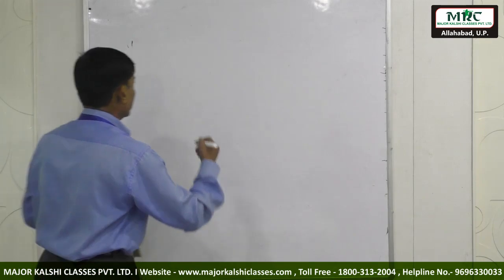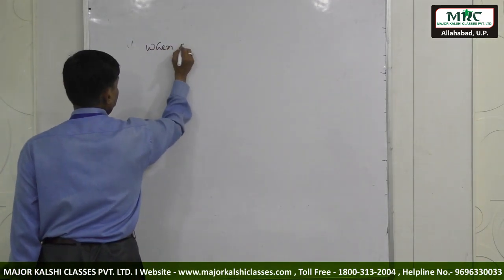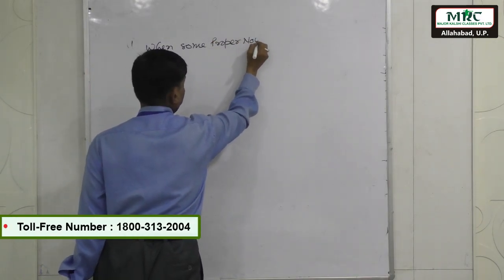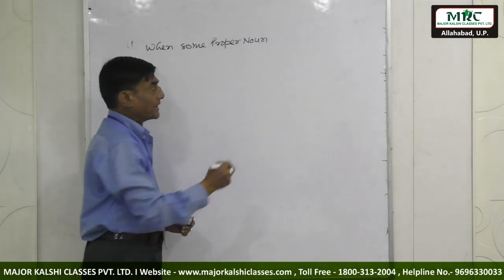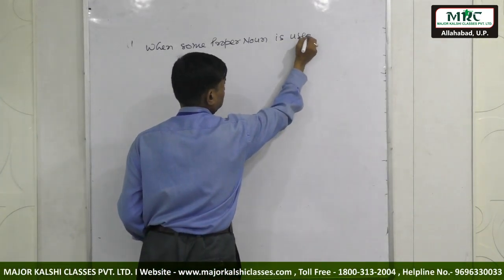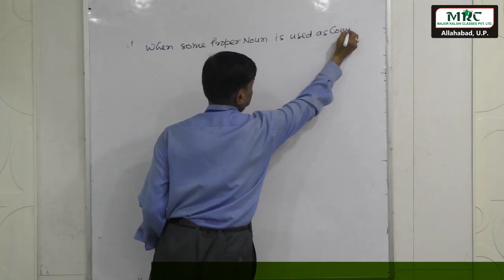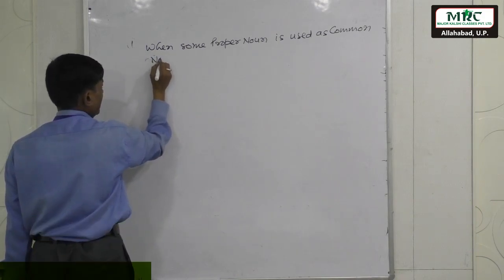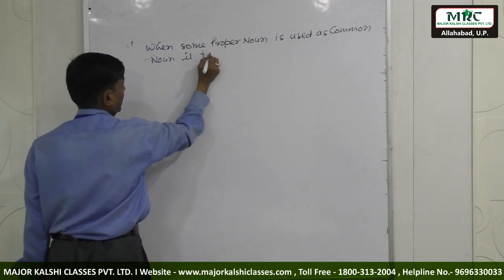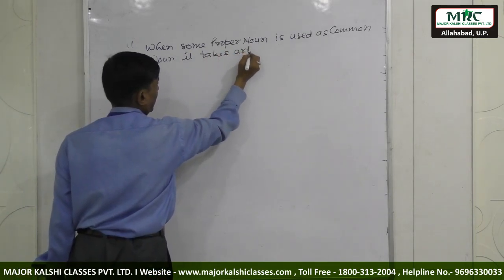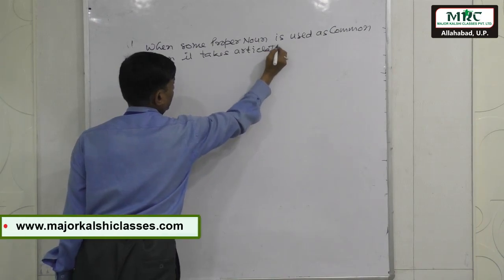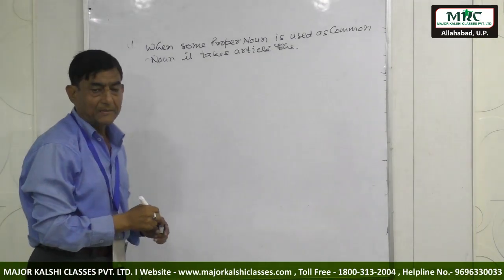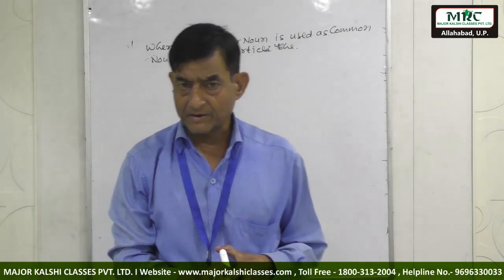The first rule is that when some proper noun is used as common noun, it takes article the, as the Rama of the Ramayana.